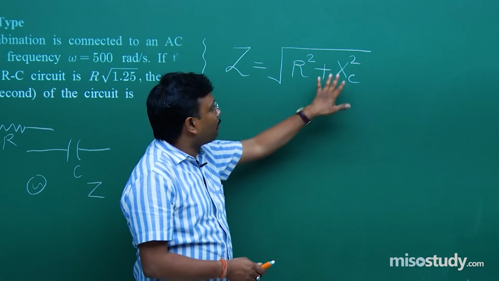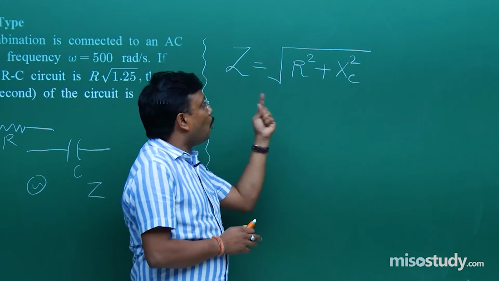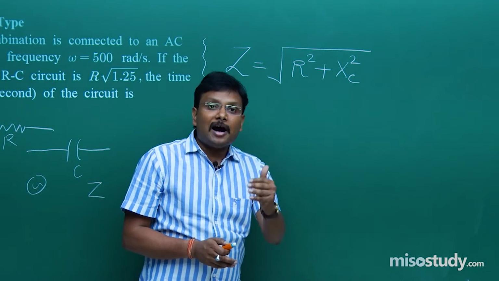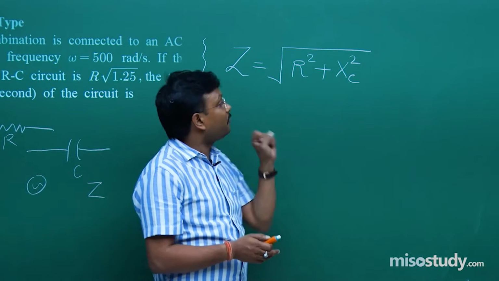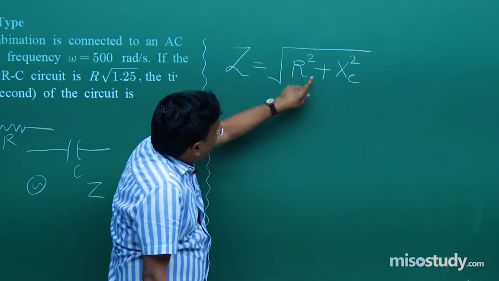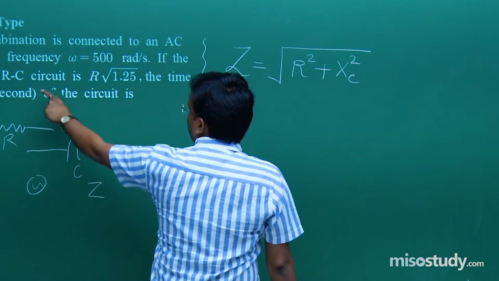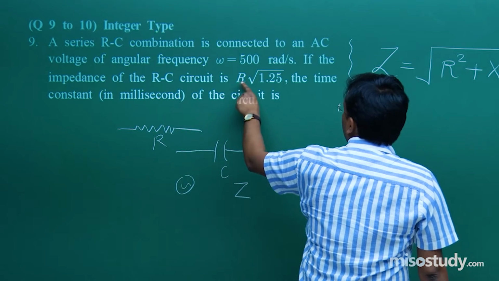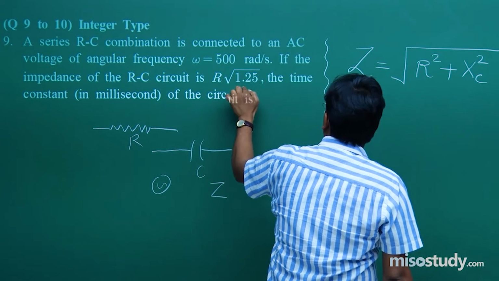Whenever you solve problems in this fashion, definitely in one problem you will revise and learn 3-4 correlated topics, concepts. So Z is equal to under root R square plus XC square. But in the problem, it is given that Z itself is equal to R under root 1.25.